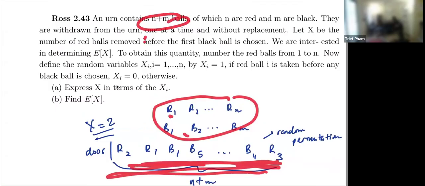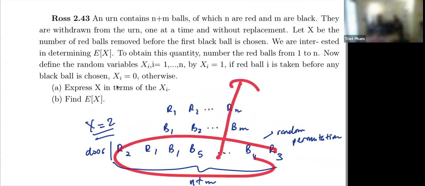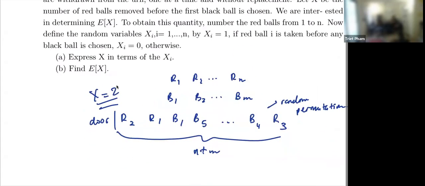When we look at this urn, we could visualize it as non-labeled, meaning the R's are not distinguishable and the blacks are not distinguishable. That's a valid way to view the urn, but it would not be helpful in solving this question. This picture is helpful. Again, in math, the right picture is the key to solving the question.